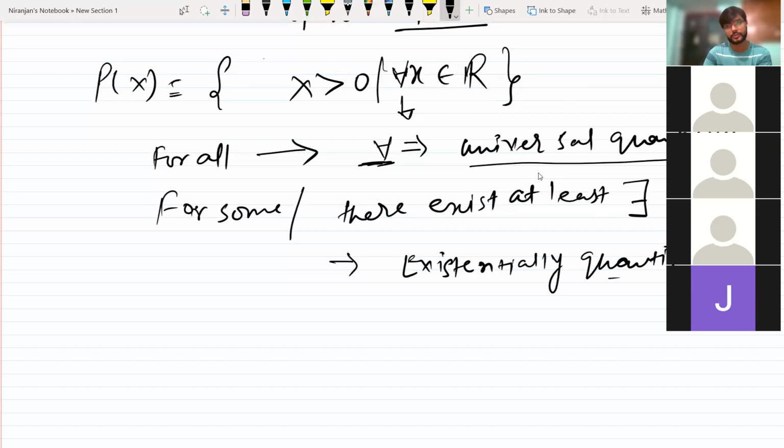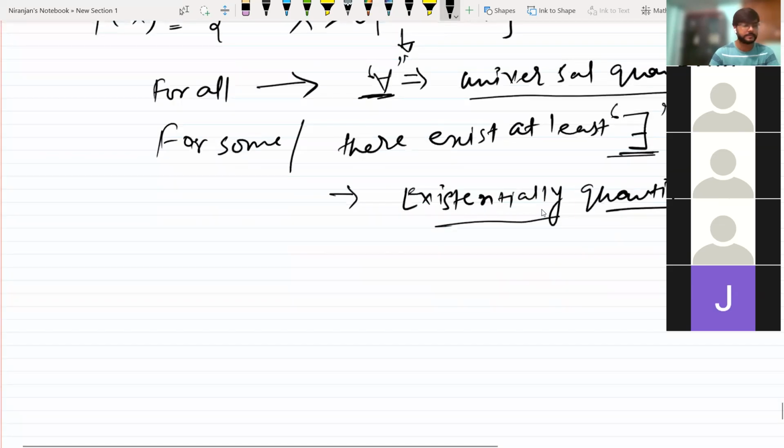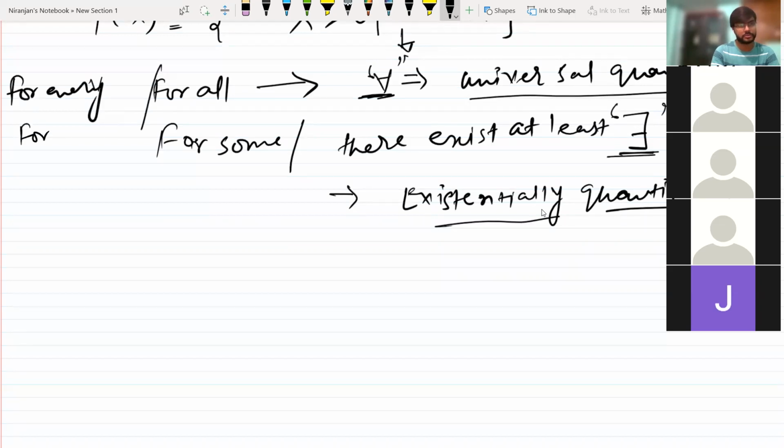So there are two types of quantifier that you're looking at. One is "for all," and another is "for some," there exists at least, and this symbol is the opposite of E and the opposite of A. Okay, so there are other synonyms of this. You can say "for every," "for each."